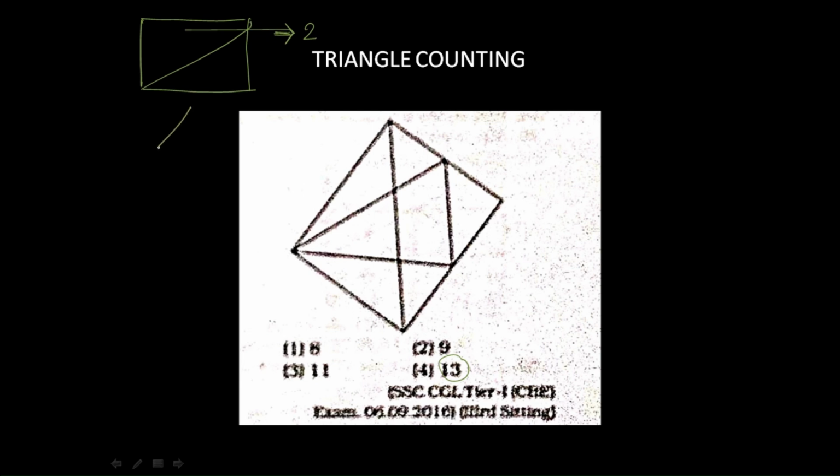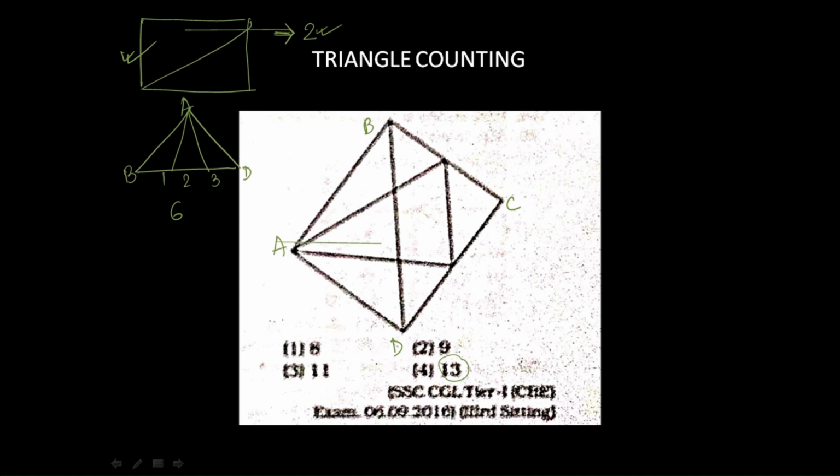Now you will find this kind of figure there. How many triangles are there? 6. But one triangle is there which we have already calculated. Like if it is A, B, C and D, here ABD is this part, and this ABD has already been calculated in this quadrilateral part.